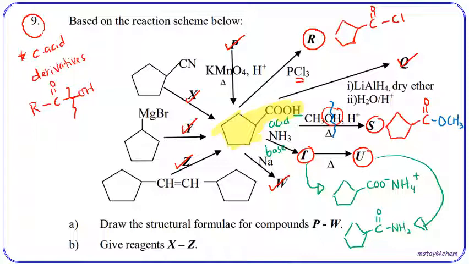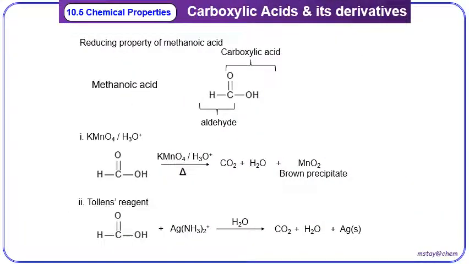So basically, I think we already discussed all the chemical reactions that can be carried out by the carboxylic acid. Before we end this video, we still have another part, which is the reducing properties of methanoic acid.